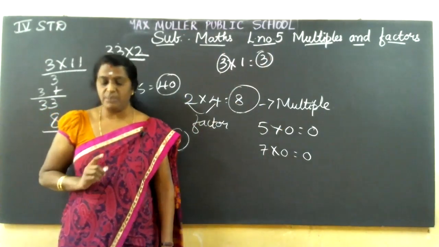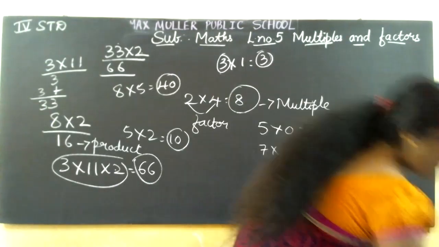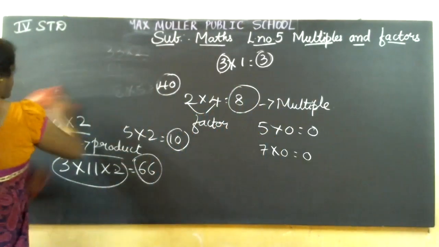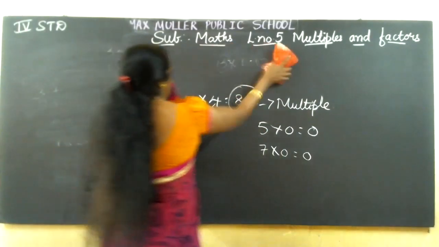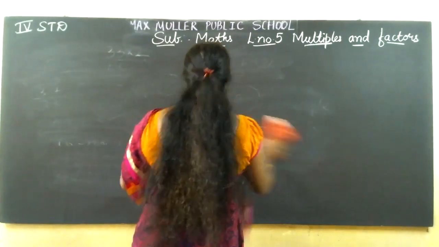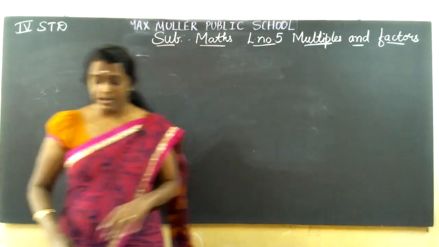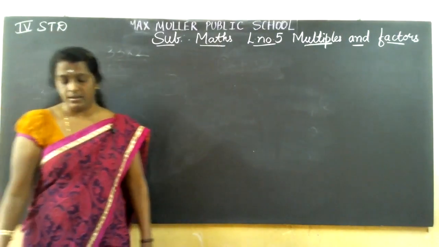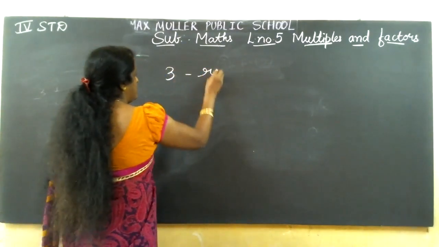Open page number 151. Color all the multiples of 3 in red color. This is the 3 table.